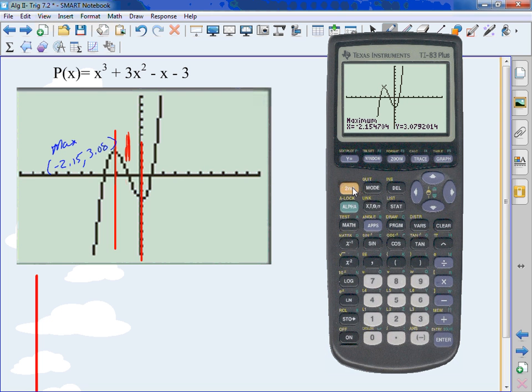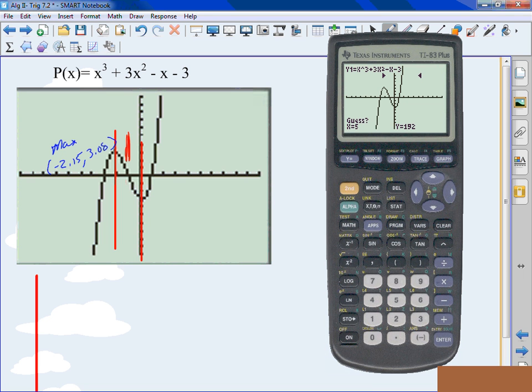This minimum: second, trace, minimum. Here's the minimum. Give me a point before it. 0 looks too close to me. Negative 2, that's fine. Give me a number past this. 5. Doesn't matter how far away. I just don't want things that are super close because I might miss it.